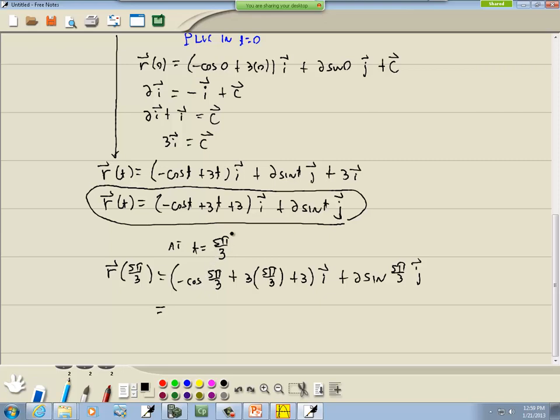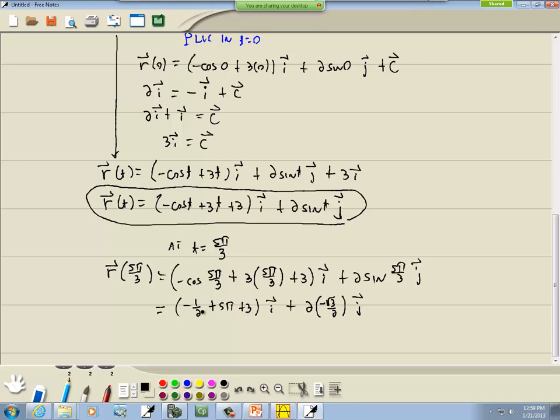Okay, 5 pi over 3. 3 pi, 4 pi, 5 pi. Cosine of 5 pi over 3 is equal to 1/2. So that'll be negative 1/2. And those 3's cancel. So plus 5 pi plus 3, i. And then plus 2, and sine 5 pi over 3 is negative square root of 3 over 2, j.